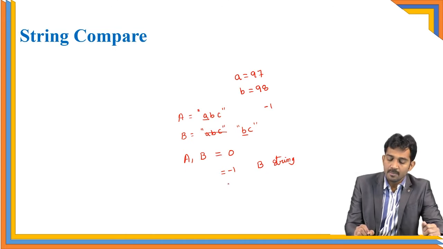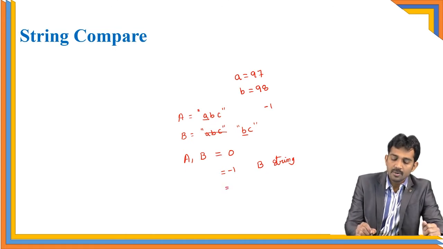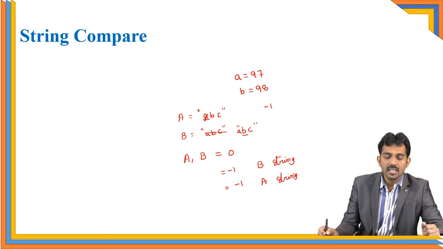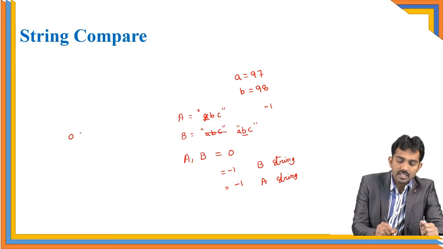For example, here ABC is there, but here BC is there. Then it is going to give plus 1, which means A string is larger. Is this clear? See, 0 means equal.